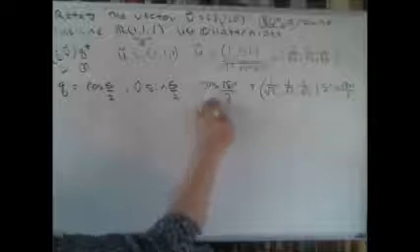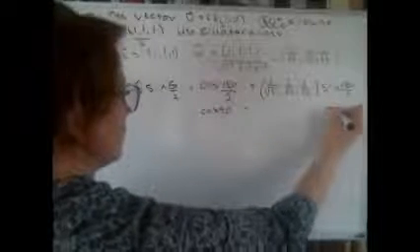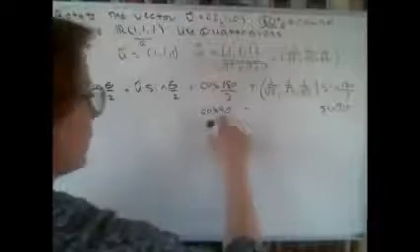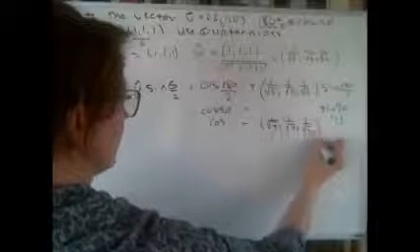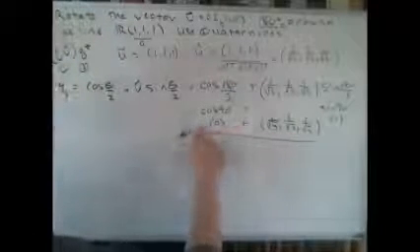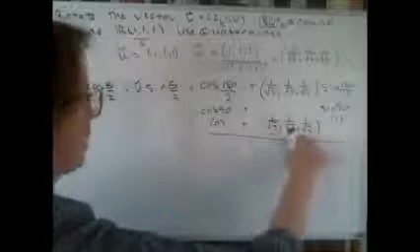So this is the cosine of 90 plus U hat times the sine of 90. The cosine of 90 is equal to 0, and the sine of 90 is equal to 1. Okay, so this is our Q. This is our quaternion: that's our scalar portion, and this is our vector portion.